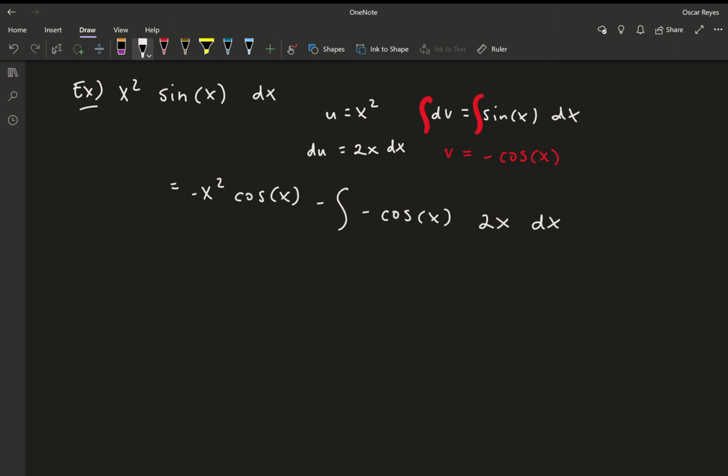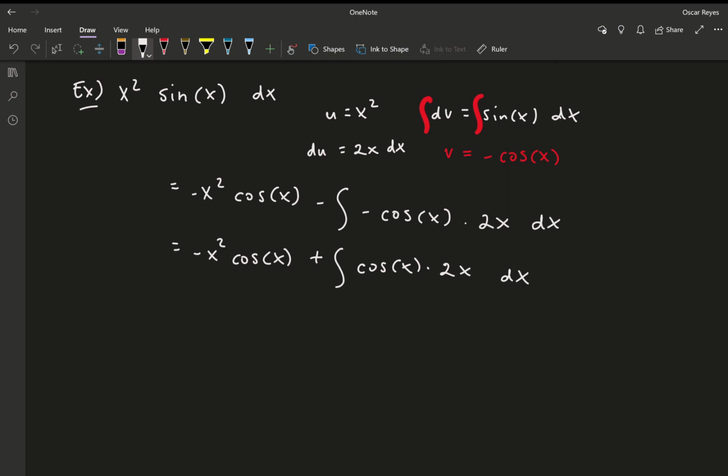Now, as you can see here, we have another multiplication. So what we can do now is first get rid of that negative that's inside, which would be negative x squared cosine of x plus the integral of cosine of x times 2x dx.